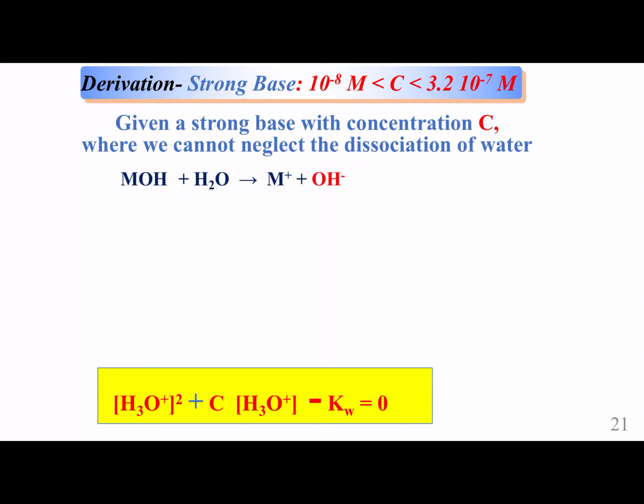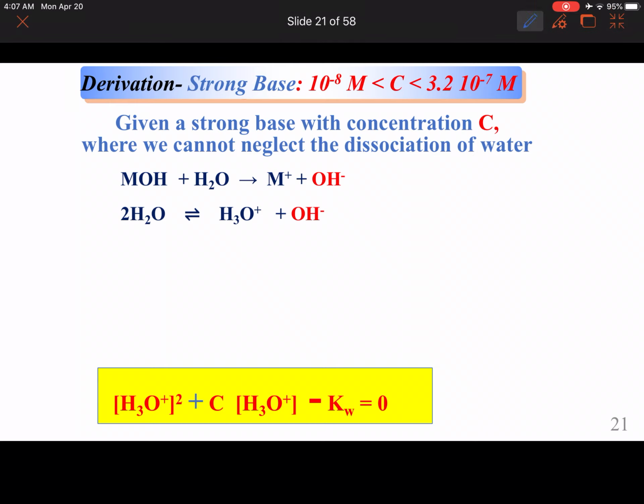And so both equations, the dissociation of the base and the autoionization of water, are needed to calculate my pH. And both of these equations contribute OH minus into the solution, and they release OH minus.